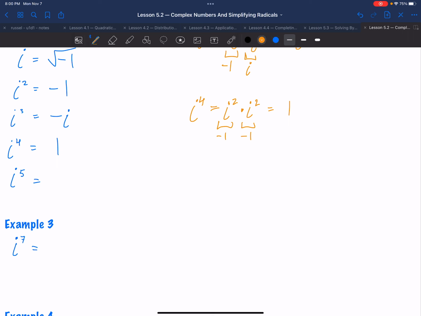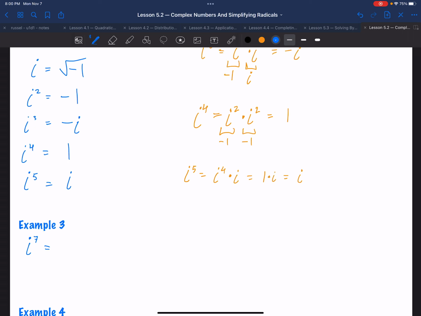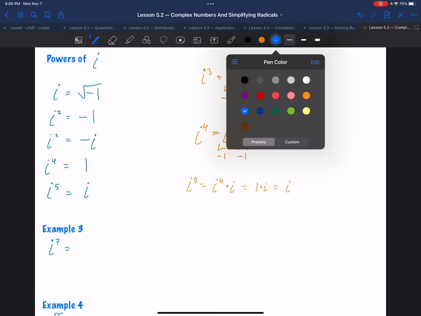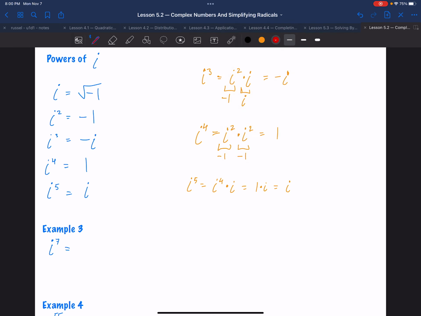Now, if I take i to the power of 5, that's just i to the power of 4 times i. But that's just 1 times i, which is just i again. And so I get i here. Now, you can keep going, but really what's happened is you have circled back to here, right?